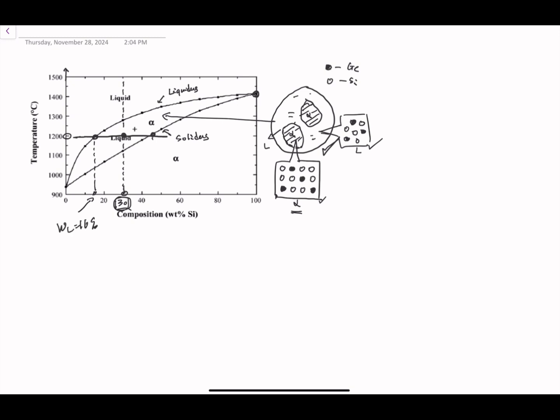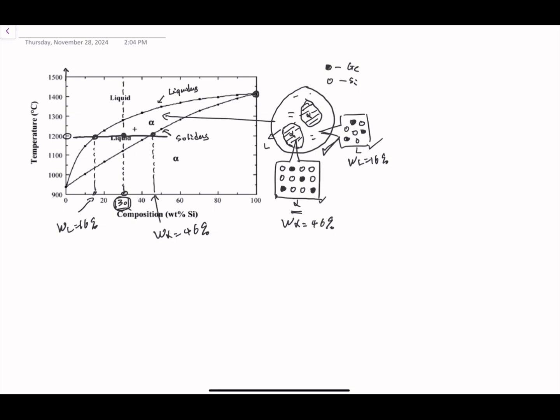And then the intersection of the tie line with the solidus gives you the equilibrium composition of the solid, which is roughly 46%. So the alpha phase is going to have 46% as the composition, and the liquid phase is going to have 16% as the composition. This is what we know.